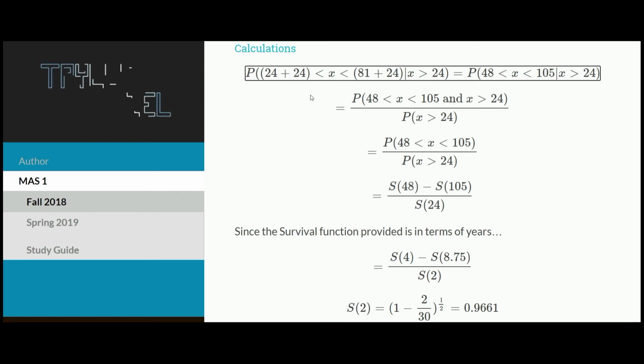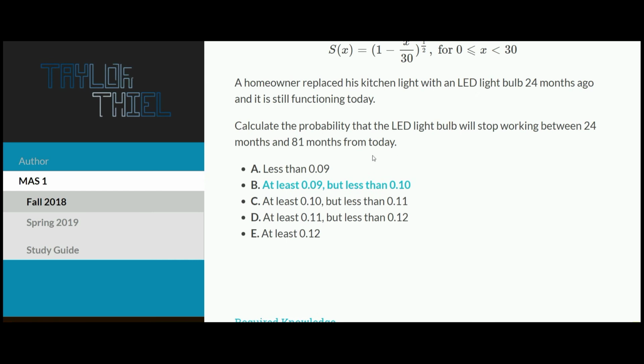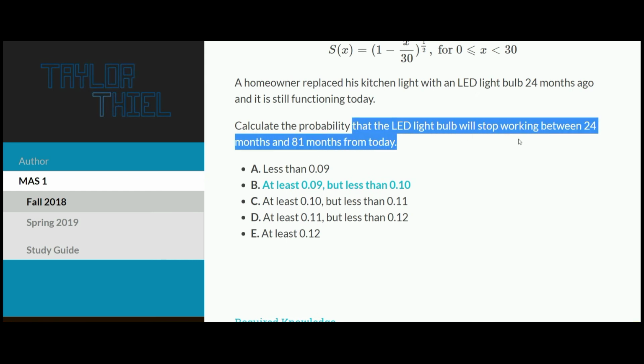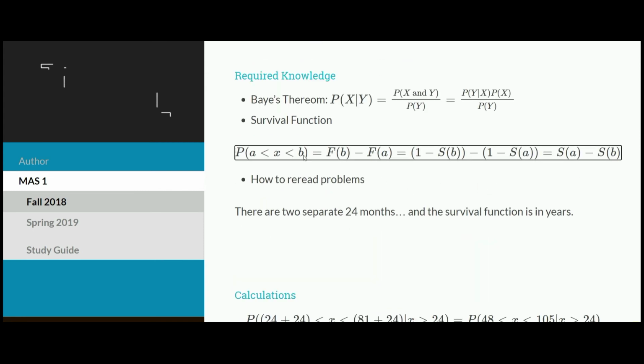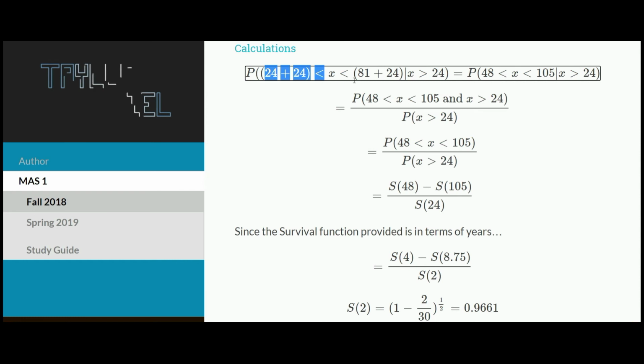Let me reread the problem a third time here. We want to know the probability of the light bulb failing in that time frame. So what's the probability that it dies out between the 4-year mark and the 2-year plus 81 month mark, given that you survived that first 2 years? That's just 48 months and 105 months.